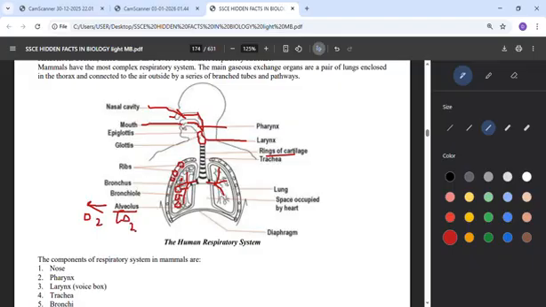They exchange their gases. We have said this round surface is the lung, and this middle here is a space for the heart, so the heart can easily stay here. Then underneath it is the diaphragm.